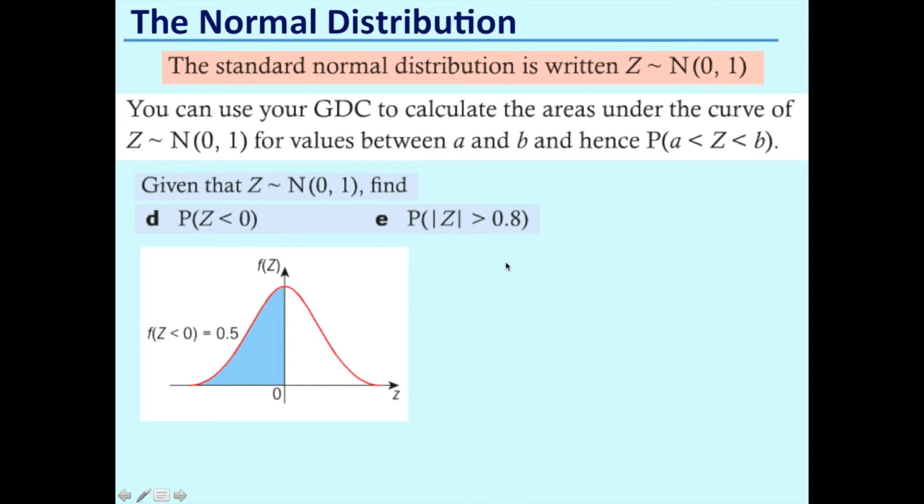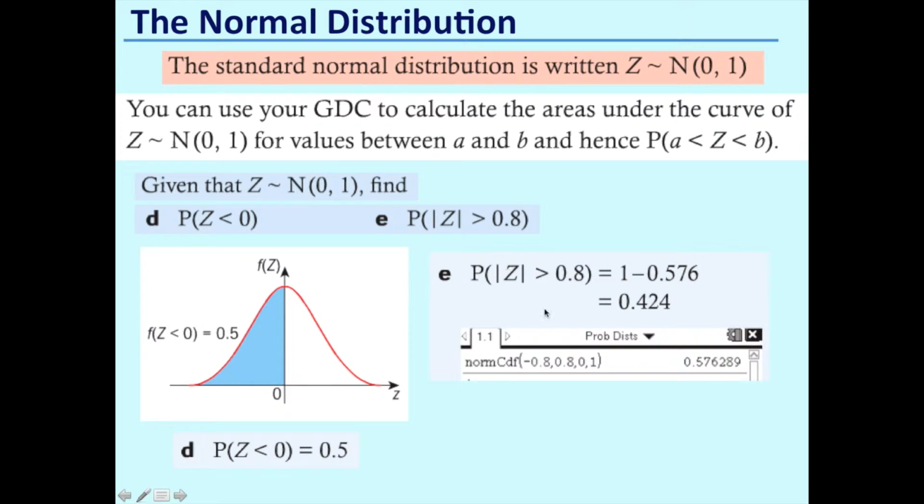So you can work that value out using your calculator. The lower bound then is negative 0.8, the upper bound is 0.8, these two as before. So that gives us a value of 0.576, and we want to find the probability that the modulus of z is greater than 0.8, so it's going to be 1 minus this value here, which is 0.424.